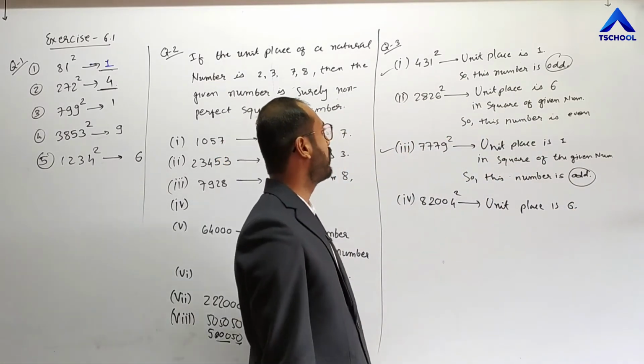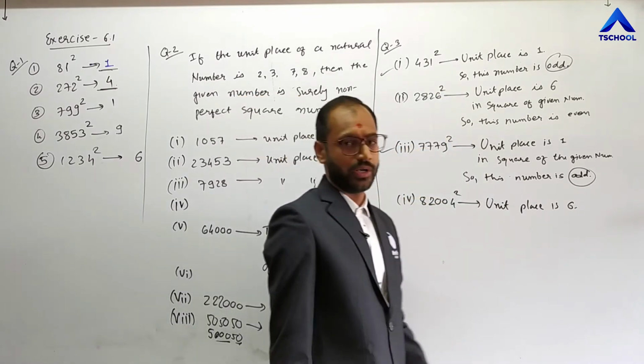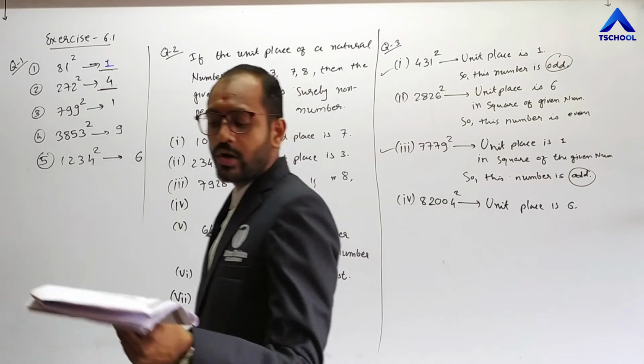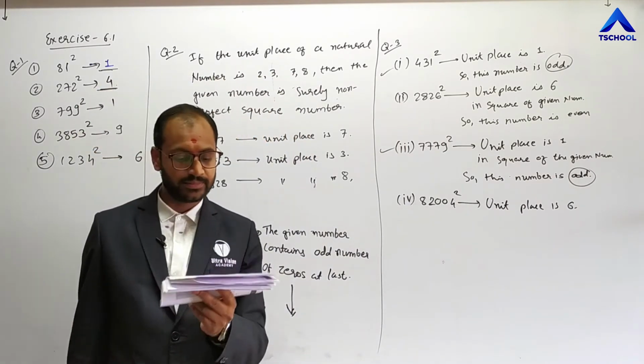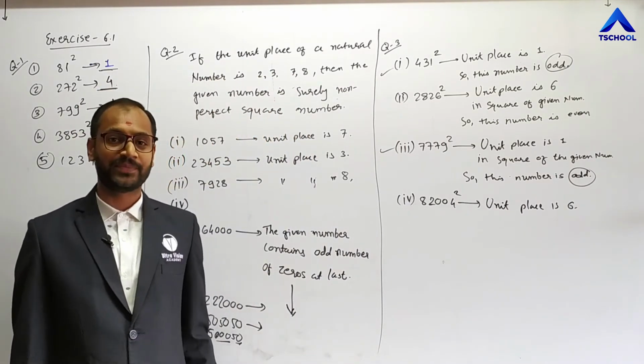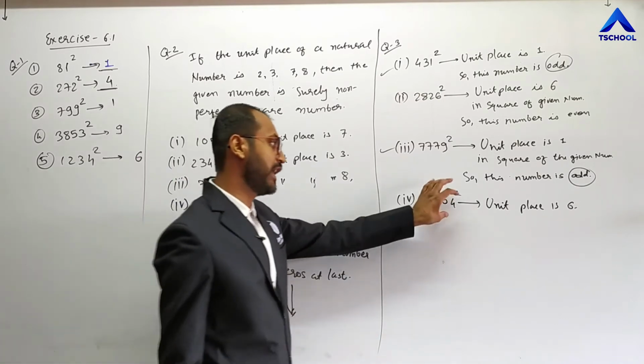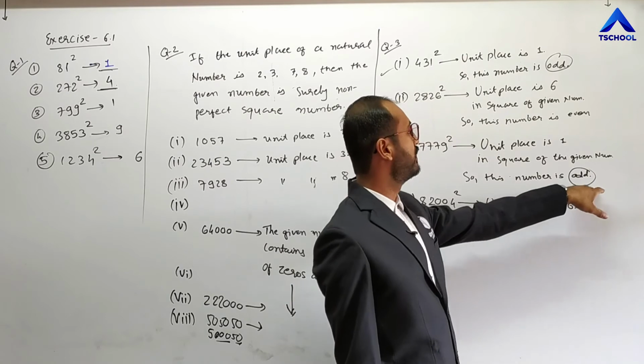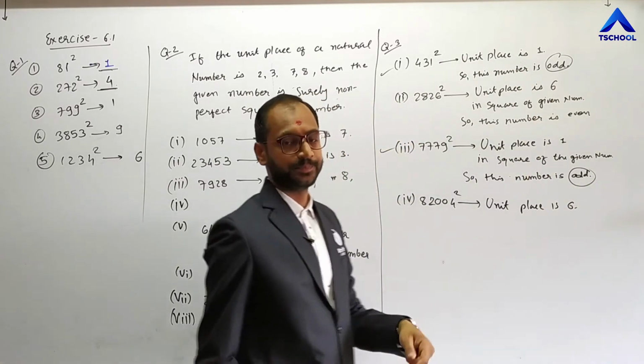Clear? So only these two numbers are odd according to our question. When we find the square of the given numbers, these two will be odd and the other two are even.